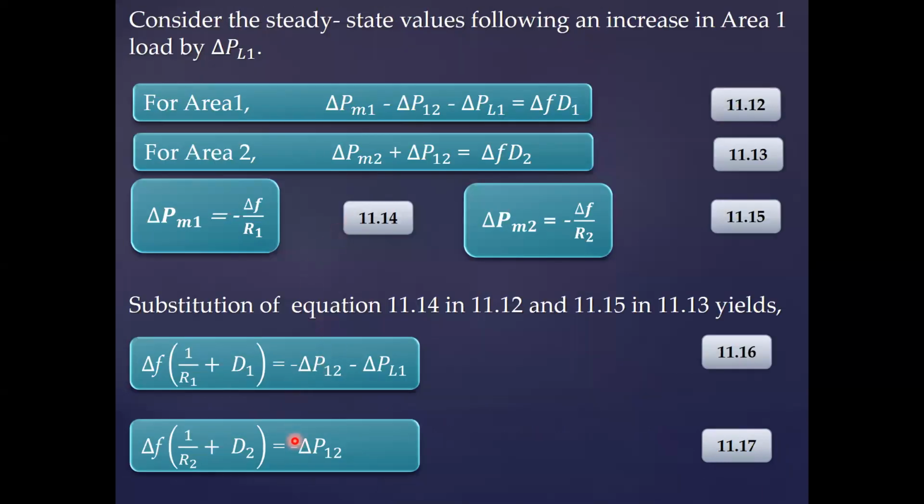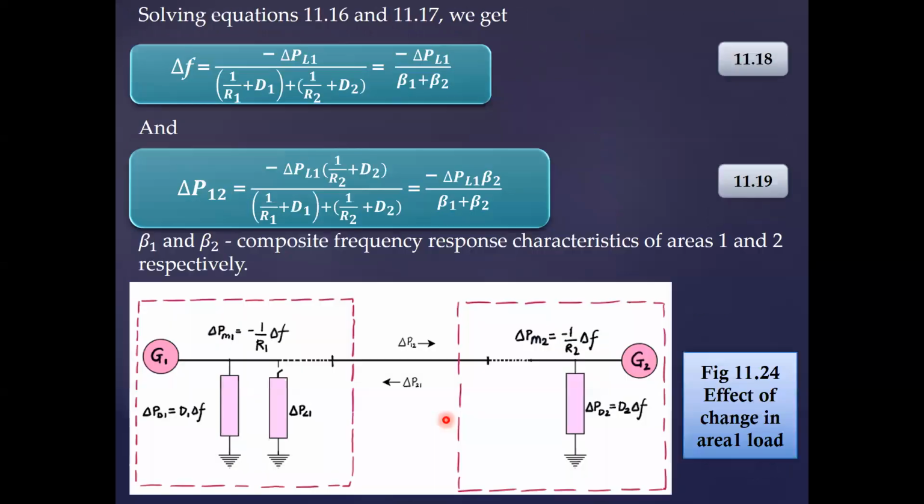So we have this manipulation, and then solving that, we write what the frequency change is. It is the same way as you had it for the isolated system. If you remember, we had this load frequency regulation factor, the beta, and it is this quantity.